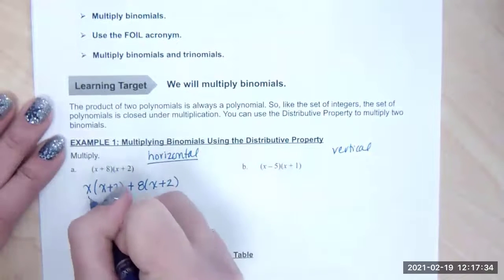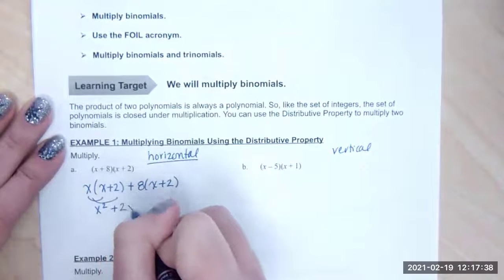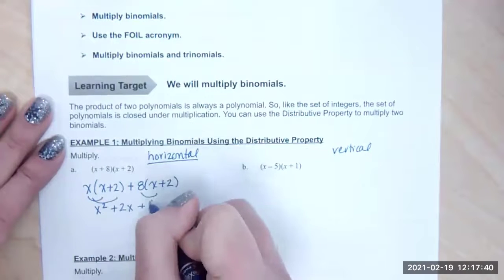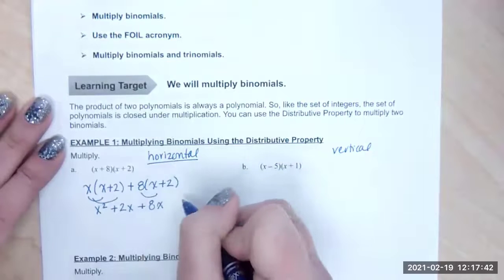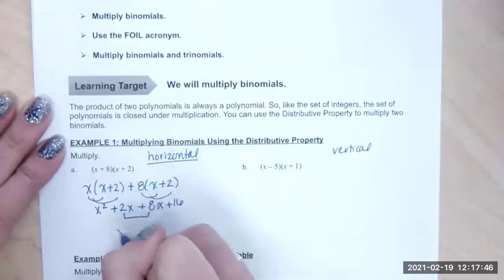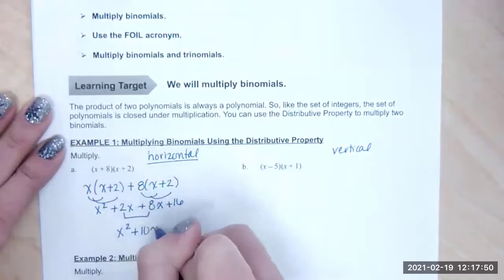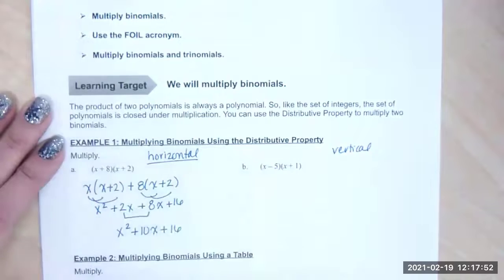So to distribute, I have x squared plus 2x plus 8x plus 16. Combine your like terms, so we end up with x squared plus 10x plus 16.